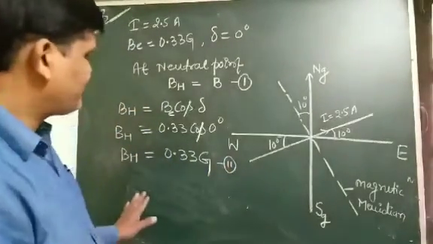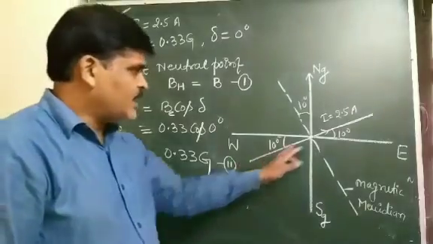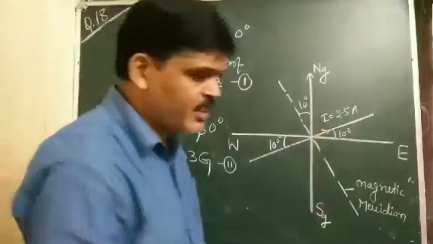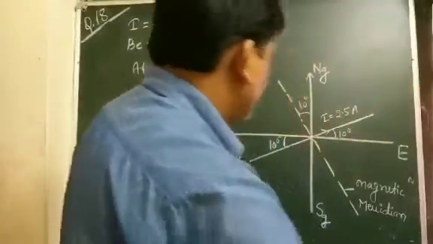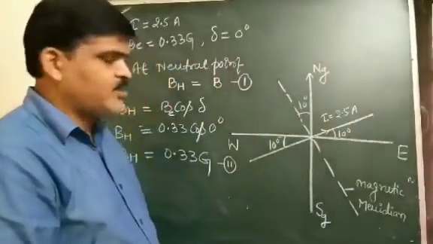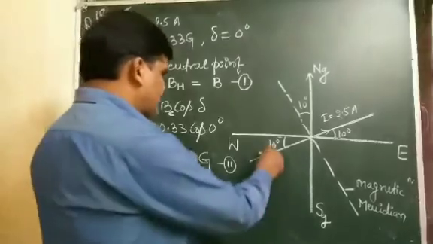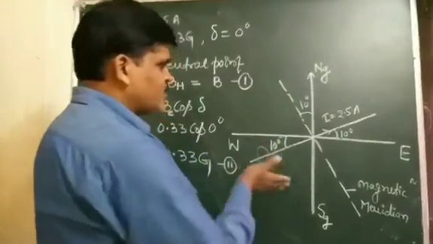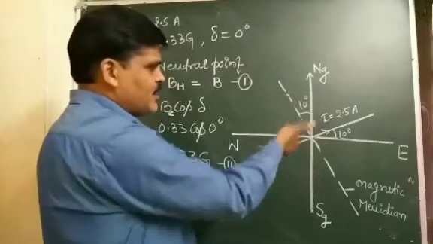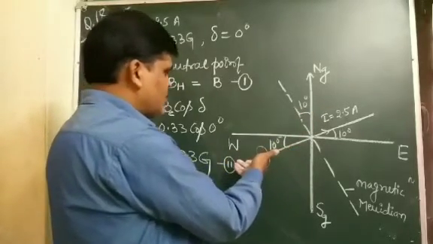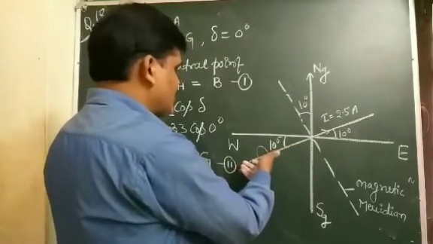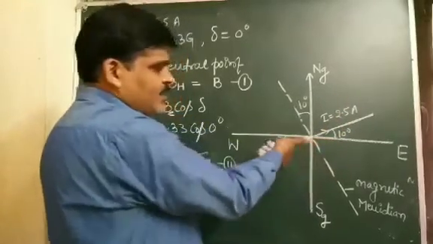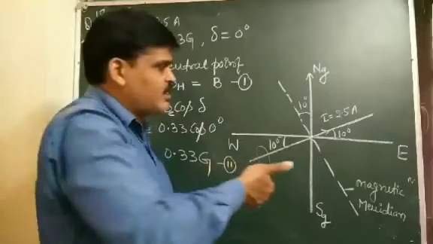And students, current is flowing in the straight conductor, and the magnetic field is in the form of concentric circles. So current is flowing in this direction, from left to right, shown by the thumb.